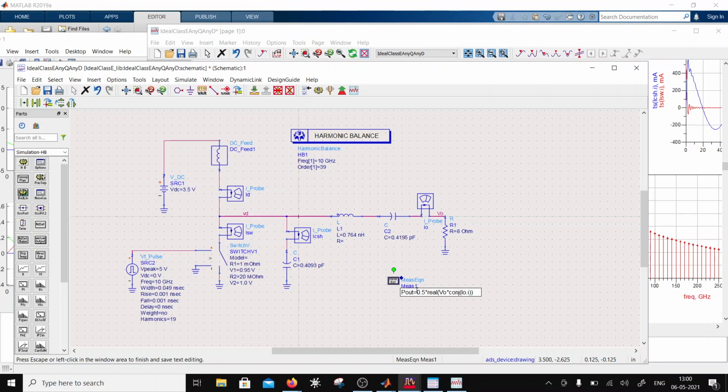This is P out, and in dBm there will be 10 times log 10 of this plus 30, so that's correct.